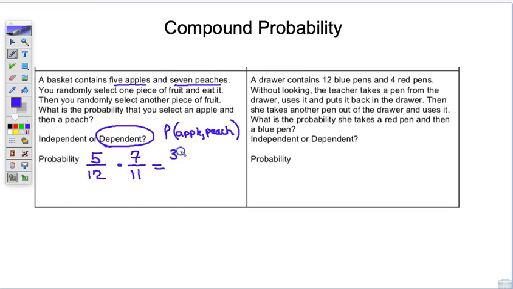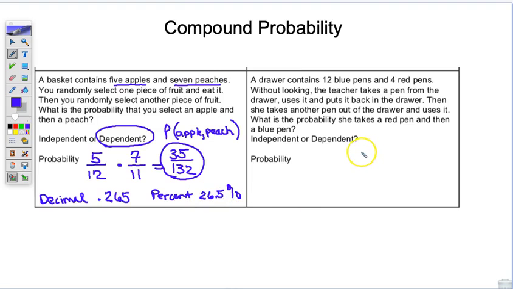Multiplying straight across, we get 35 over 132, and that fraction is in lowest terms. To convert it to the equivalent decimal, simply divide the numerator, 35, by the denominator, 132, and that would be 0.265. Moving the decimal over 2 places to the right to get the equivalent percentage would be 26.5%.